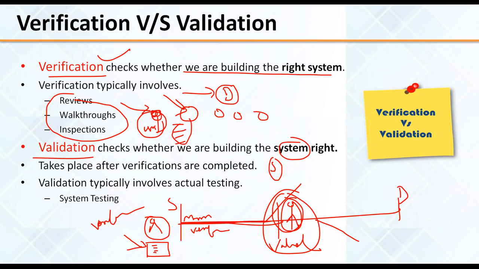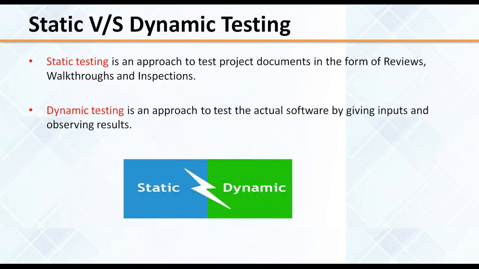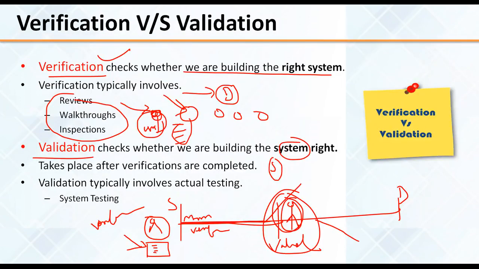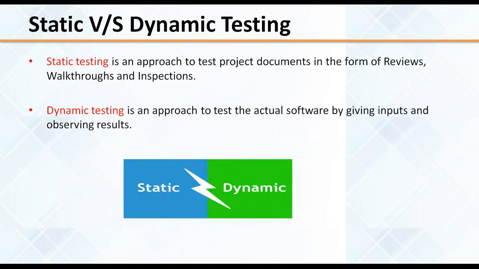Now let us understand, there are multiple terminologies here. All are interrelated. You need to understand. So far we have discussed verification and validation. Observe very carefully. This is verification and this is validation.